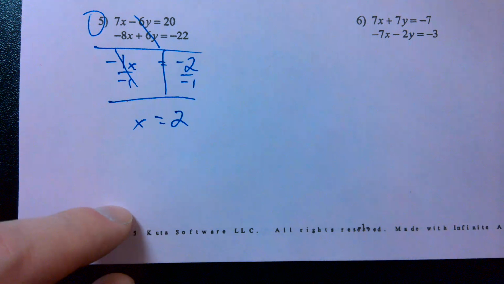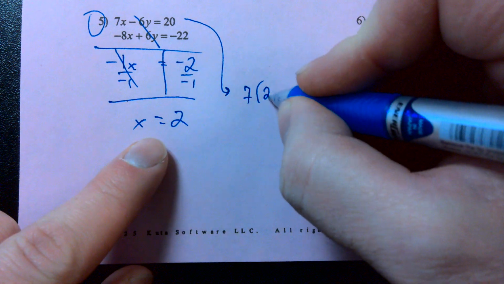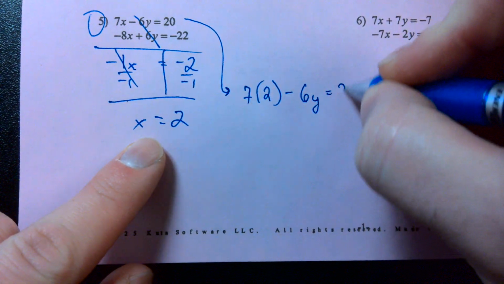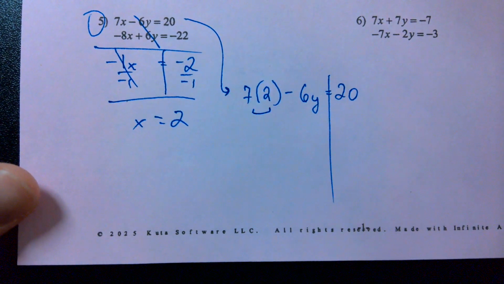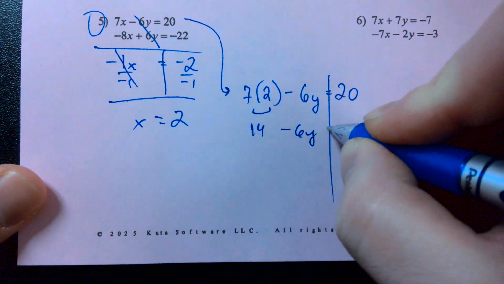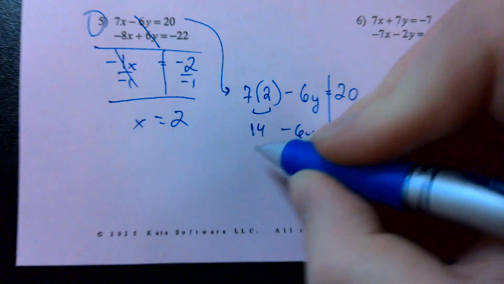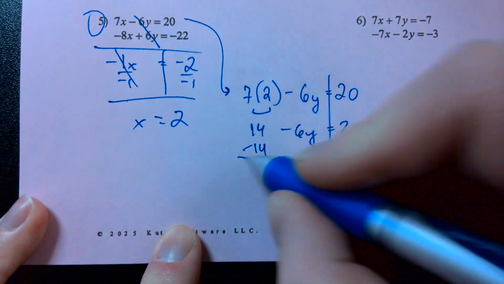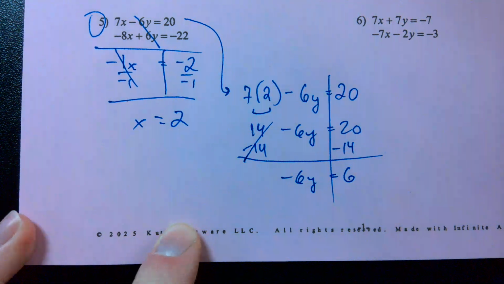Now again, I'm going to plug this x back in. I'll take my first equation. This time I have to be careful. I'm plugging it in for x this time, not for y. What is 7 times 2? 14. Am I going to divide by negative 6 now? Not yet. I have to do something else first. Subtract 14. What's 20 minus 14? 6. Now what do I do?